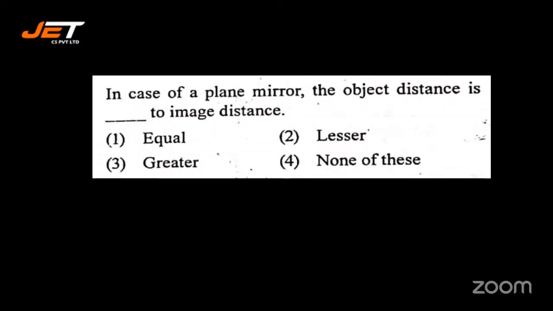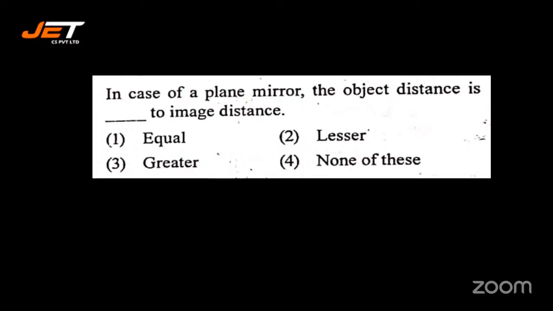In case of a plane mirror, the object distance is dash to the image distance: equal, lesser, greater, none of these. Good.